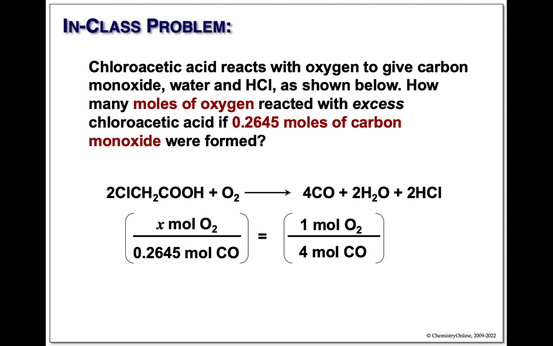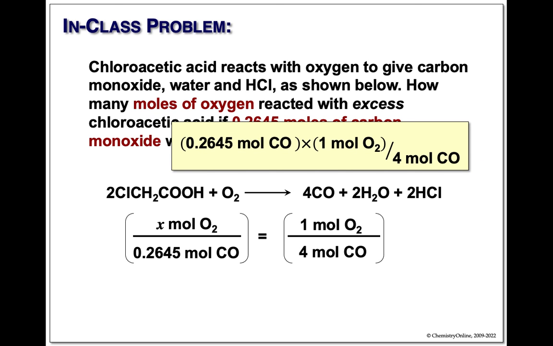And there's our second ratio. So, 0.26 times 1 divided by 4, something like this. That's on your calculator. And you get 0.66125 moles of oxygen.